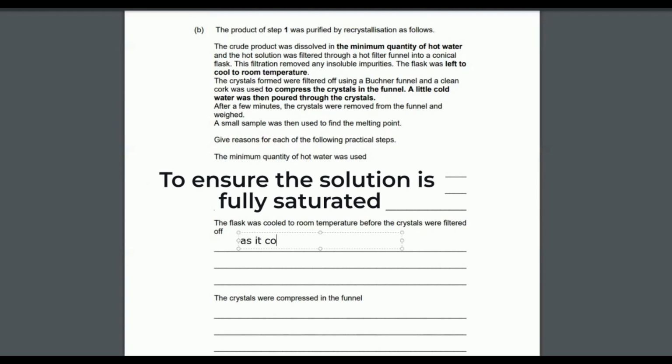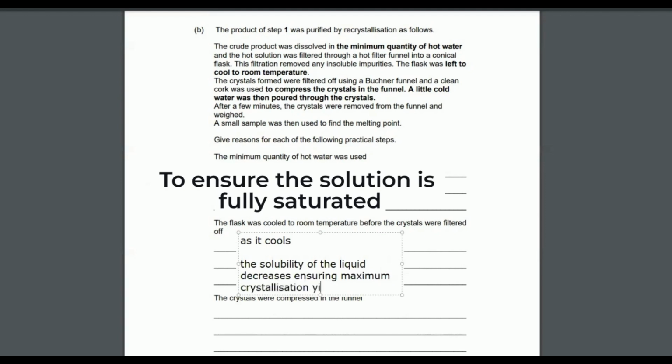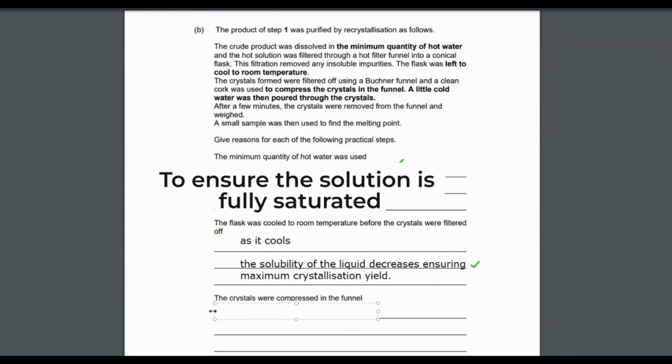So what we're doing here is we're lowering the temperature, and as the temperature is lowered and cooled, the solubility of the solvent, the liquid, decreases. Its ability to dissolve the crystals decreases as its temperature decreases. And that means we'll get crystallization, and we'll make sure we get the maximum yield possible.